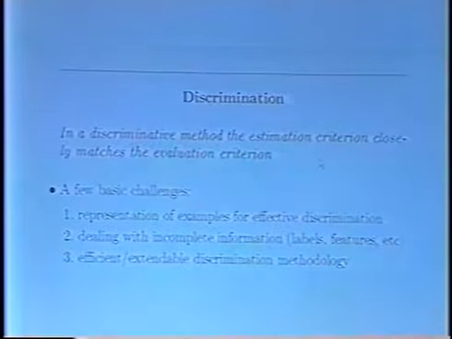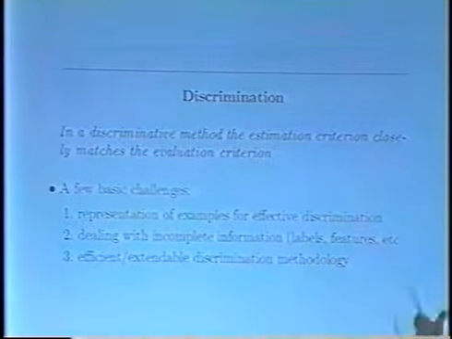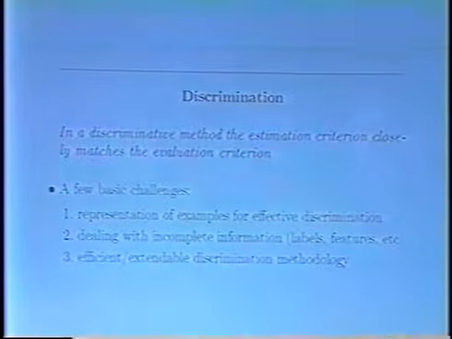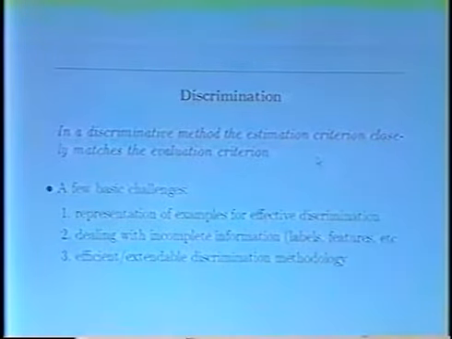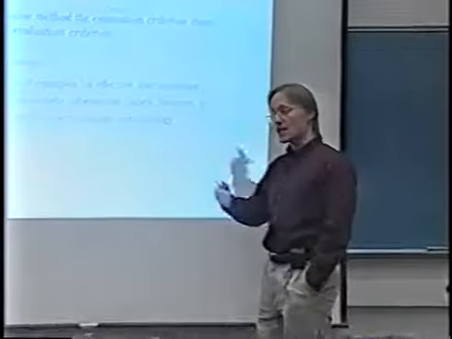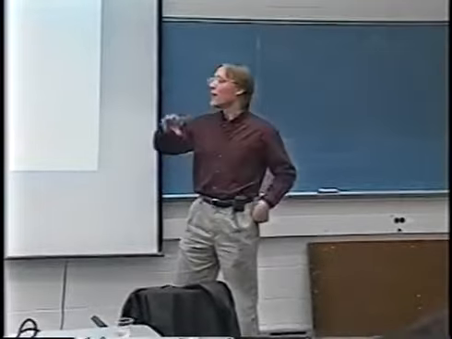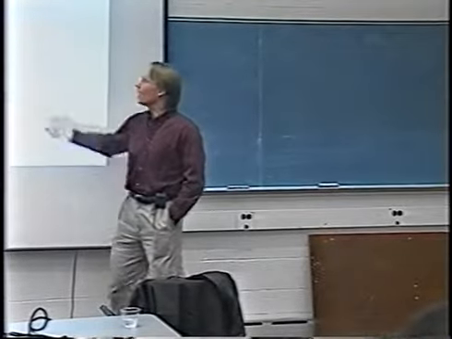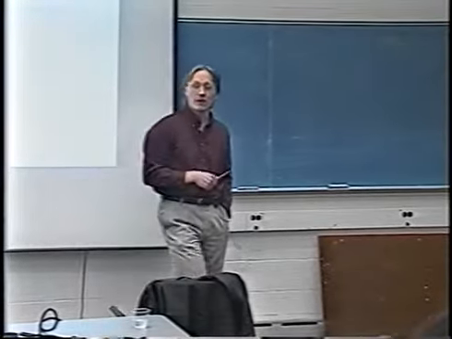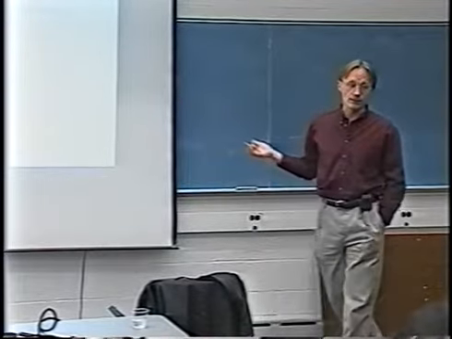So if I have a model and I train it with maximum likelihood, so I'm trying to model the density of the examples, not how that model will allow me to classify the examples, then I'm using a different criterion for estimation than for evaluation, and that method would not be discriminative in this sense.